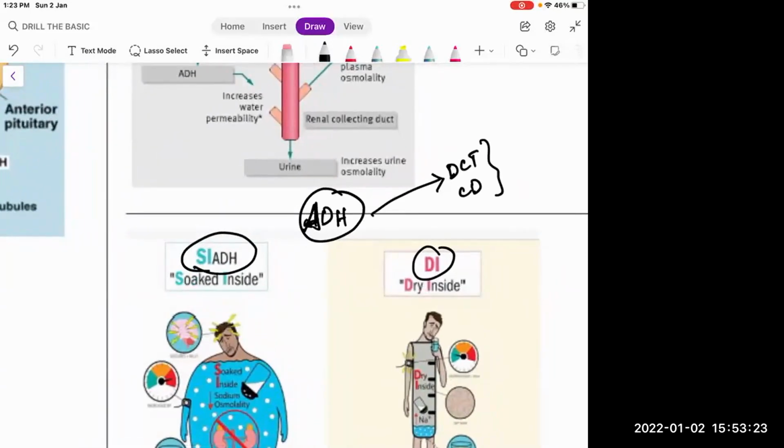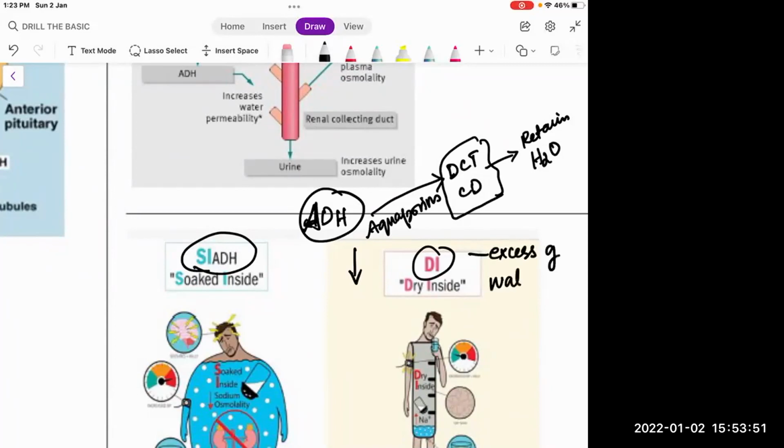Clear? So this ADH will act on the aquaporins in the nephron, the collecting duct and the distal convoluted tubule, to retain the water. If there is a decrease of ADH, that leads to excess water release.